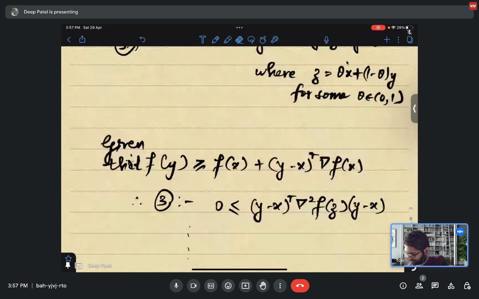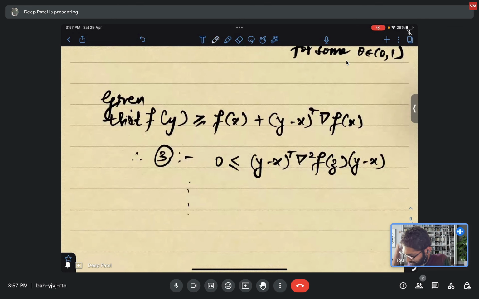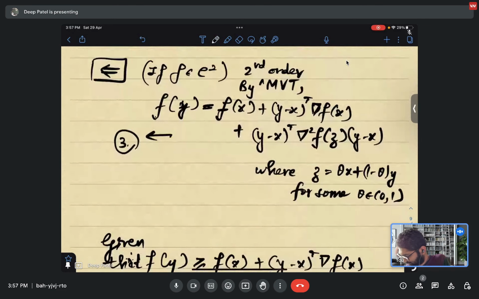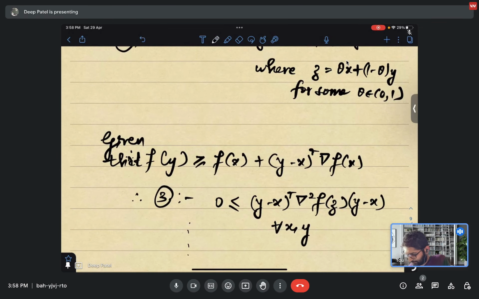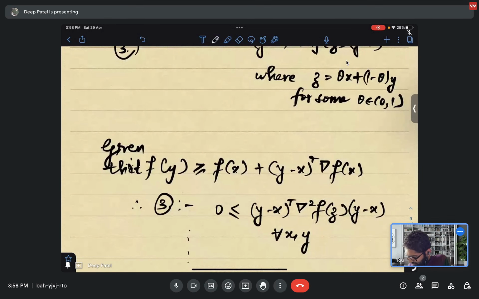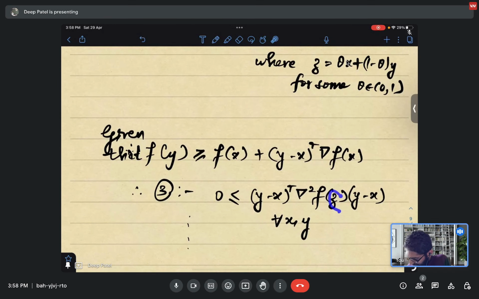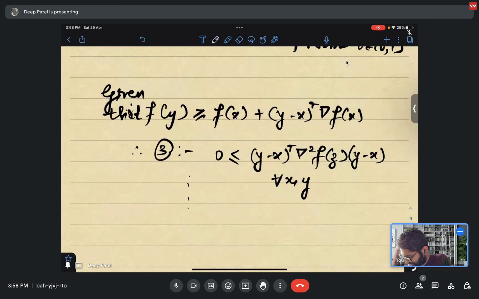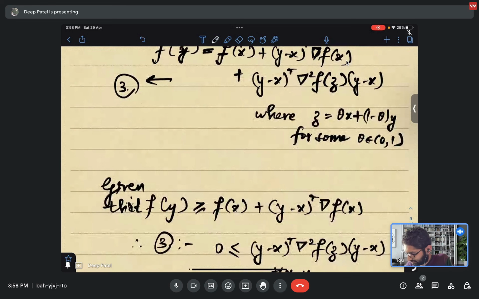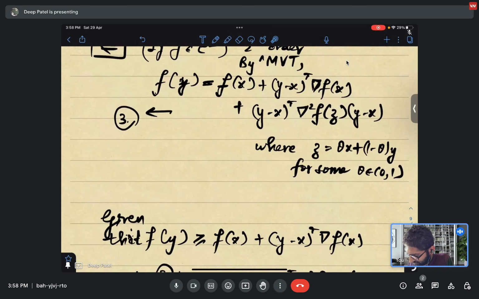I think this is fine. So this is going to be true for all x, y. There is some shortcut that I'm taking here, because there is a fixed z here which depends on the x and y I pick. So it's not like I am getting, but it's fine. I mean, you could have some small order terms here.